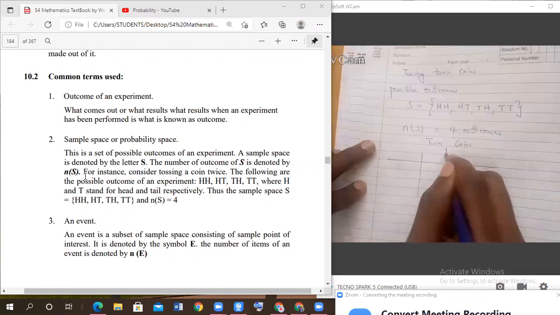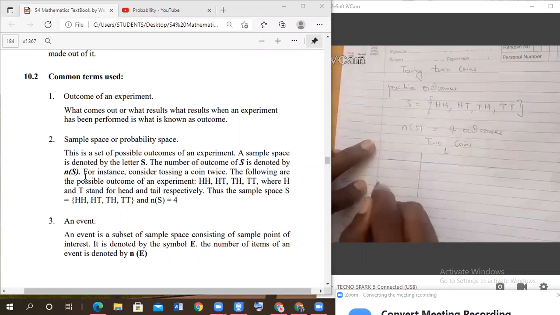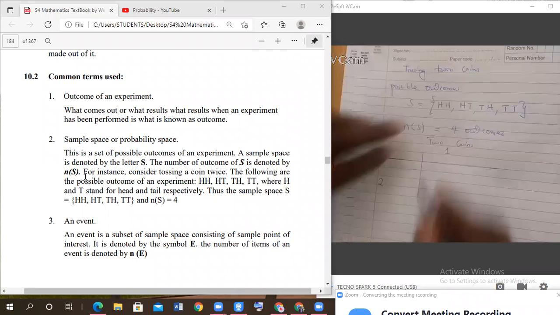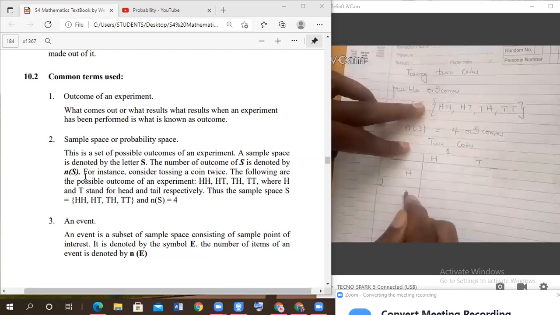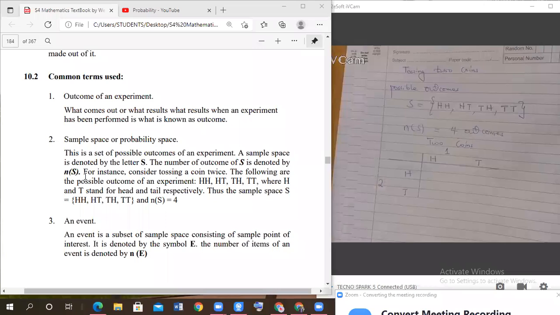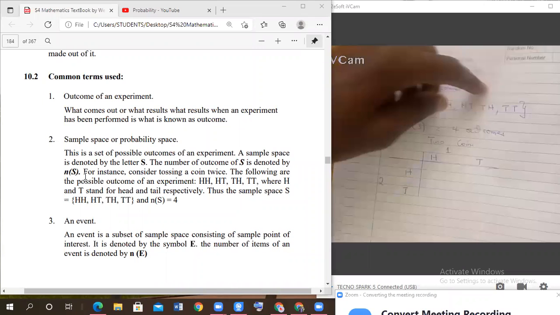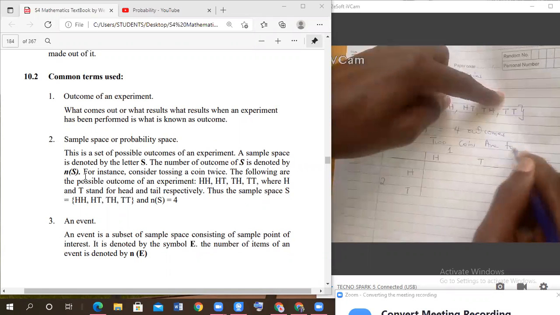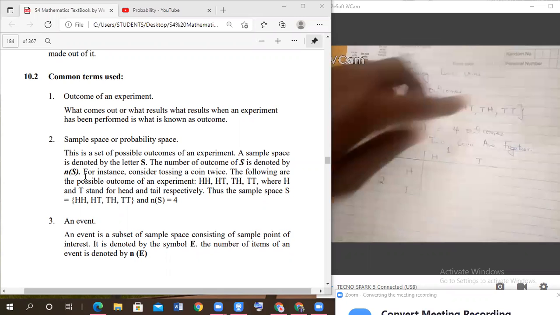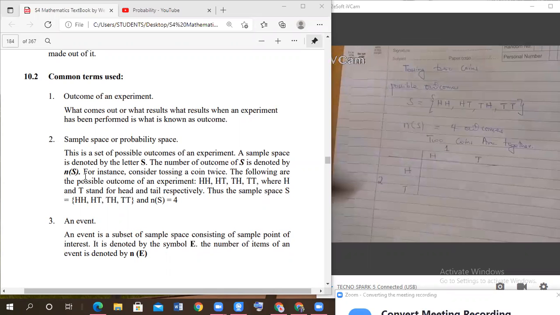This is the first coin, then this is the second coin. In each coin, I expect a head and a tail. Even this one, I expect a head and a tail. This one is when 2 coins are tossed together.